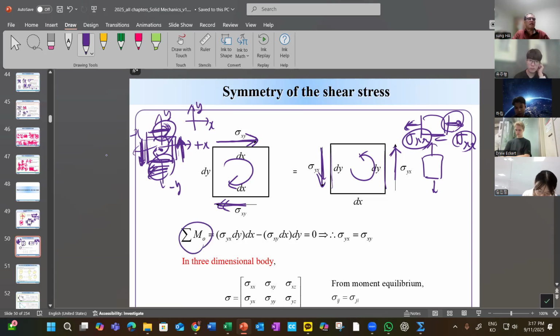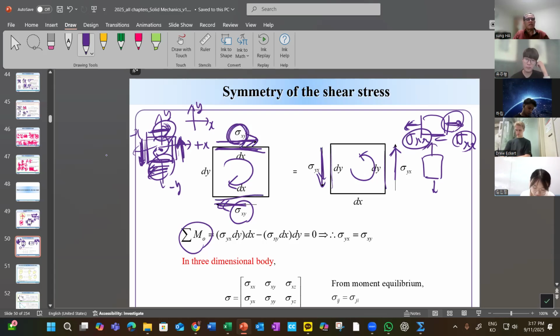Moment is the sigma xx and sigma xx. And this time, this is a distributed force, we have to apply the cross section. And this is also cross sections.